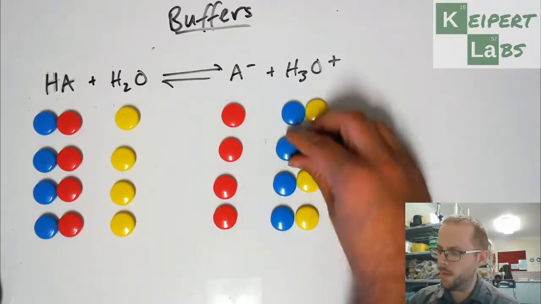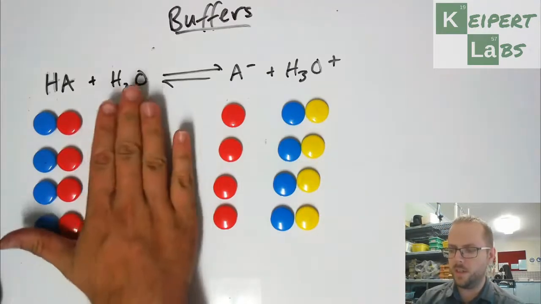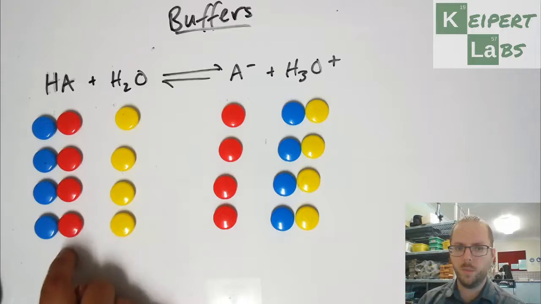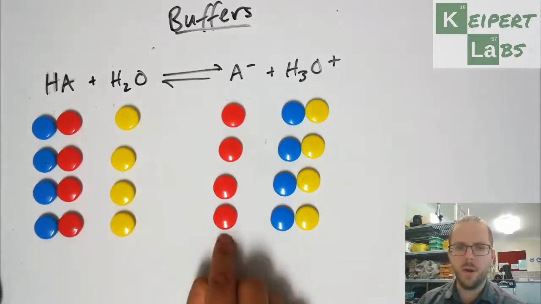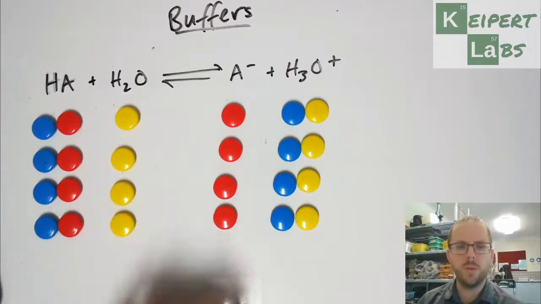So this is what we might see with a buffer. The main things that you need to be noticing is that we would have roughly equal proportions of HA, the red-blue combination, and then the A- over here, its conjugate base. So this is the acid and its conjugate base in roughly equal proportions.